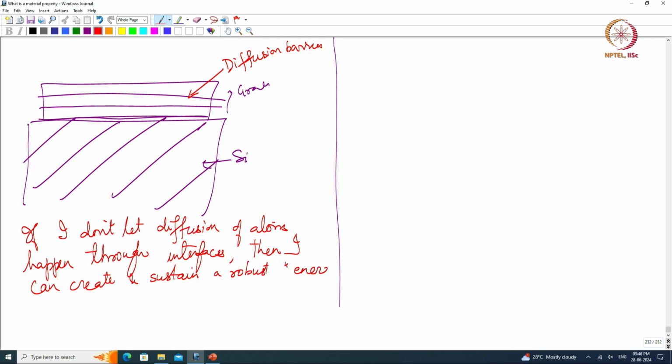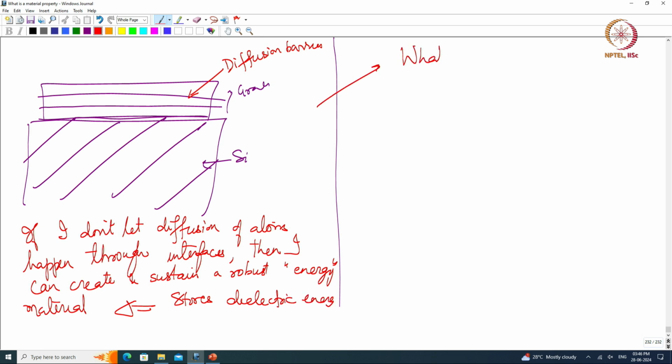So this can store dielectric energy, which stores dielectric energy, right. Then my problem is, what are these diffusion barrier layers?